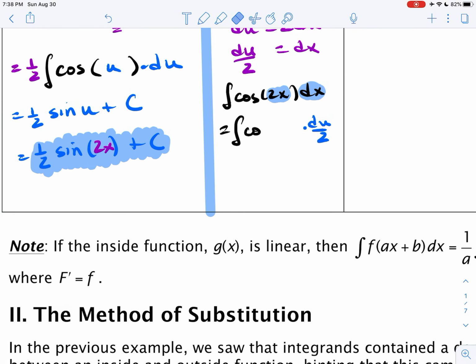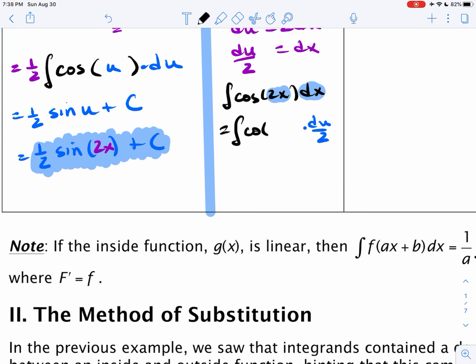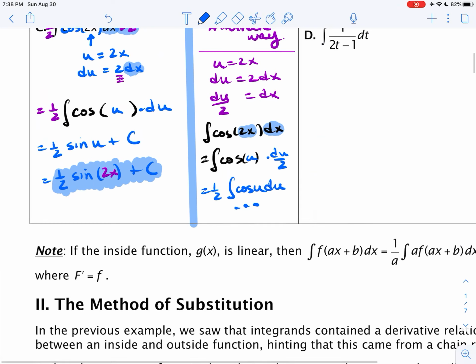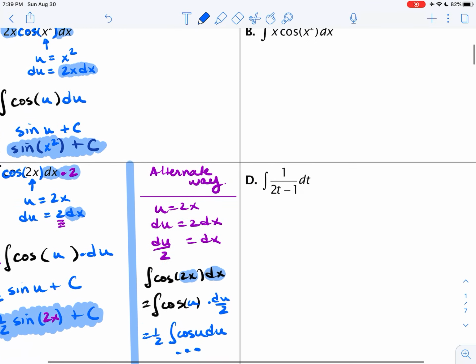Oh, excuse me, this is supposed to be a u. I'd still get the same exact integral. I would still have 1/2 cosine u du, and I can continue. So that is another way that you can calculate your integrals using u substitution.